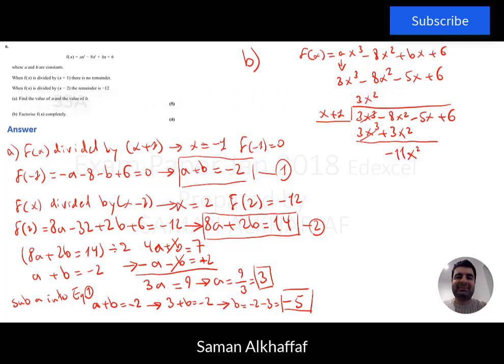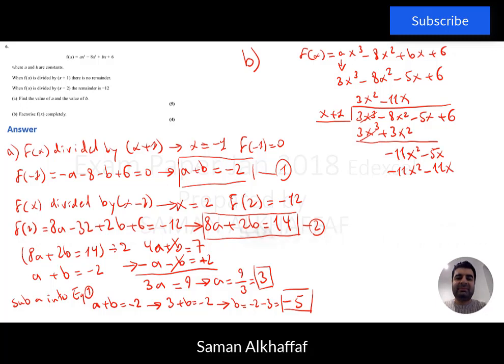Now when we add the minus 5x, we multiply the expression by minus 11. That gives us minus 11x squared minus 11x.